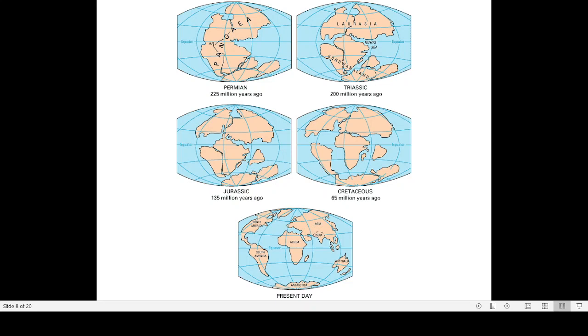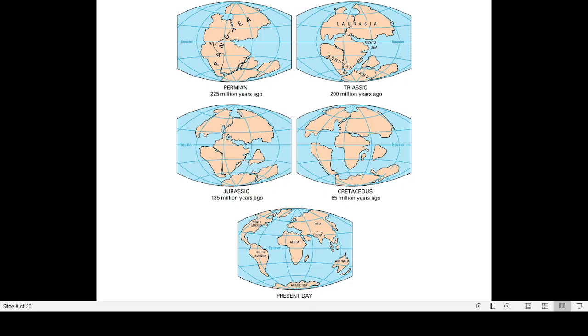Now, after 25 million years, that is around 200 million years ago, during the Triassic period, a small separation came into existence. And here you can see that there is a northern continent. This northern continent is known as Laurasia. Laurasia basically consists of Europe and present Asia, most of the Asian region.